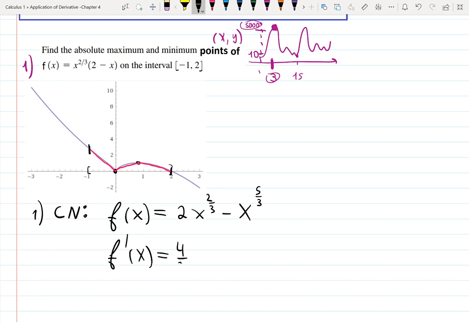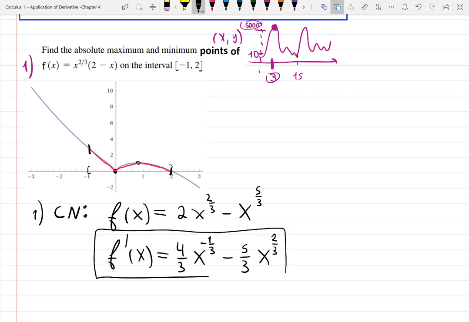I'm having (4/3)x^(-1/3) - (5/3)x^(2/3), because 2/3 minus 3/3 is -1/3, and 5/3 minus 3/3 is 2/3. And I will put this into my box. It's going to be a very good habit in the future to put your first and second derivatives into the box, because later on we will ask you to use this information.